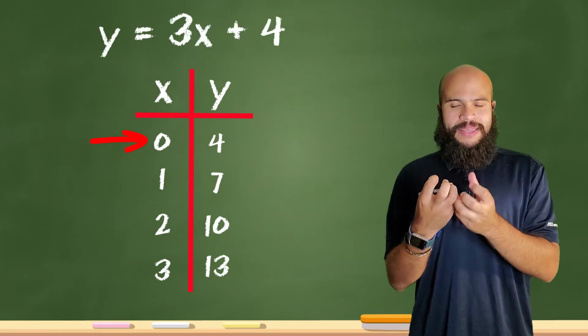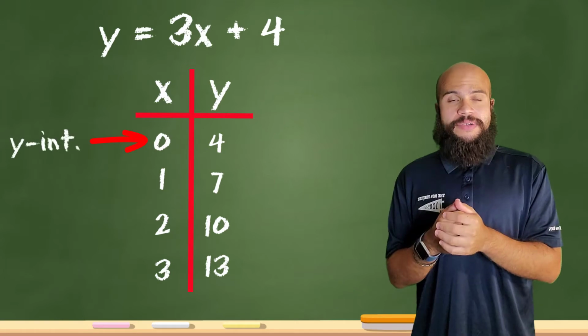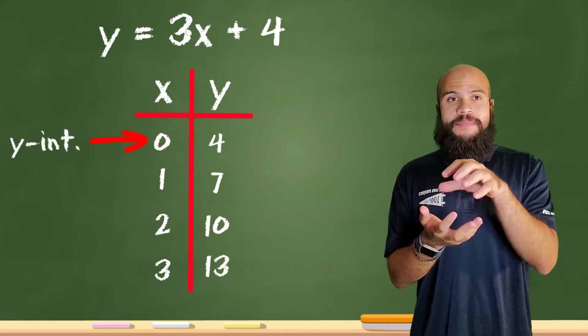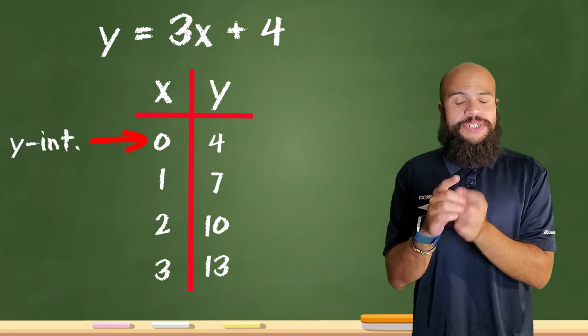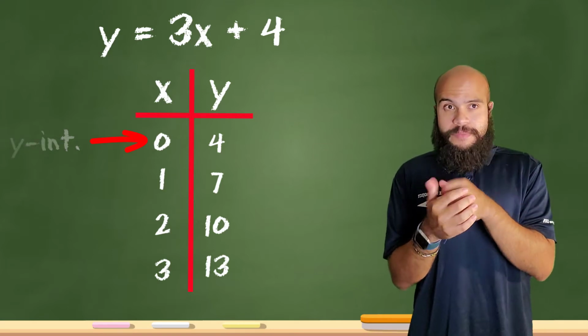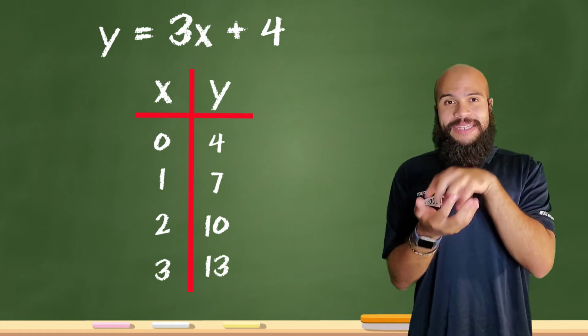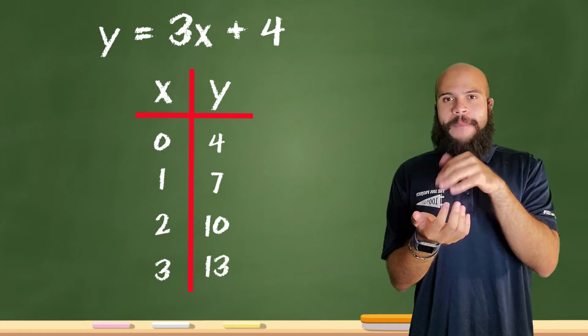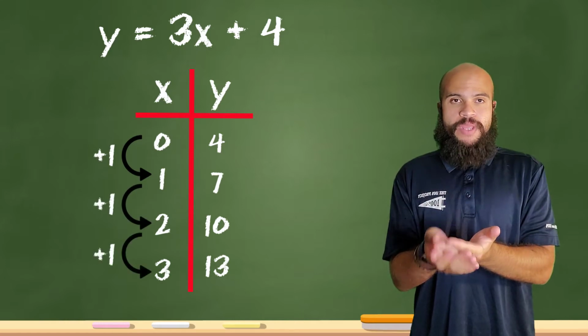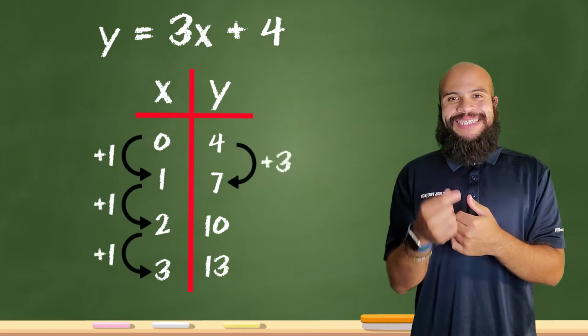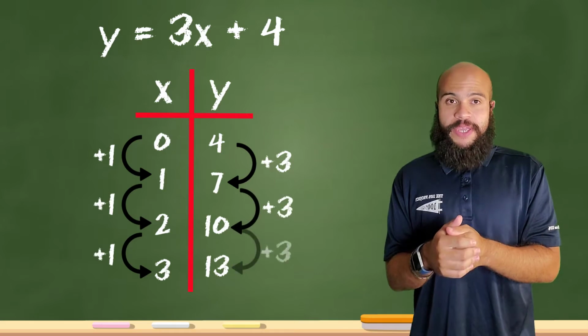Notice that I start at this value of 0, 4, that is our y-intercept, and that's what makes it different than the proportional relationship. Remember, proportional relationships start at 0, 0 always. Then from that 0, 4 point, as my x value increases by 1, my y value is consistently increasing by 3.